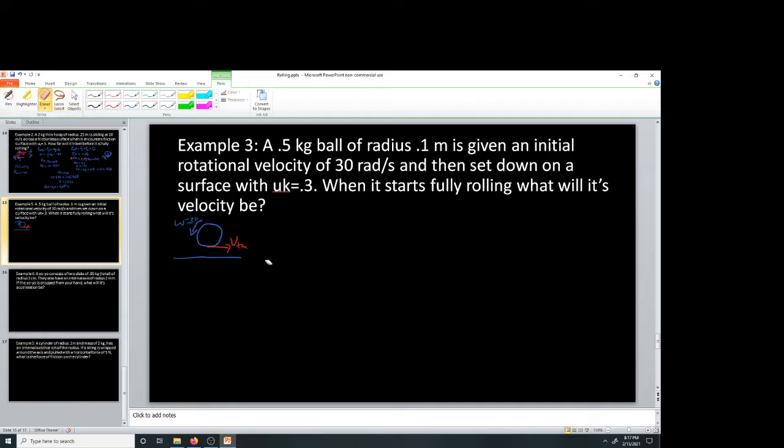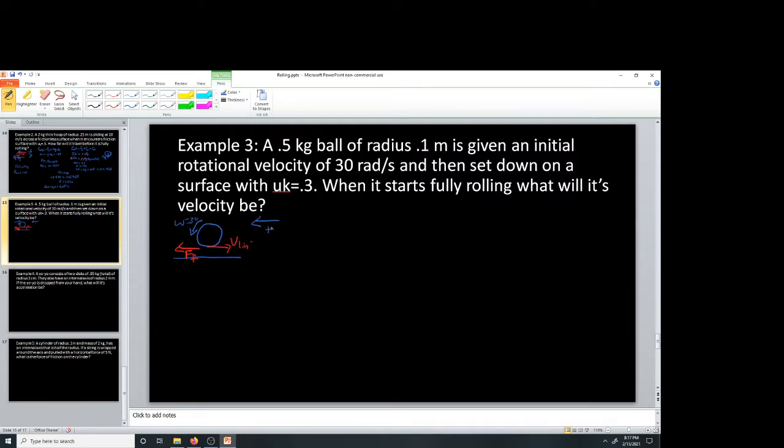The v center of mass is 0, so we can say the linear velocity is that way, which means that the force of friction is going to oppose that direction. So the force of friction is that way. It's important to note that. I also should say that we should again pick a positive direction, and this time I'm going to go the other way.